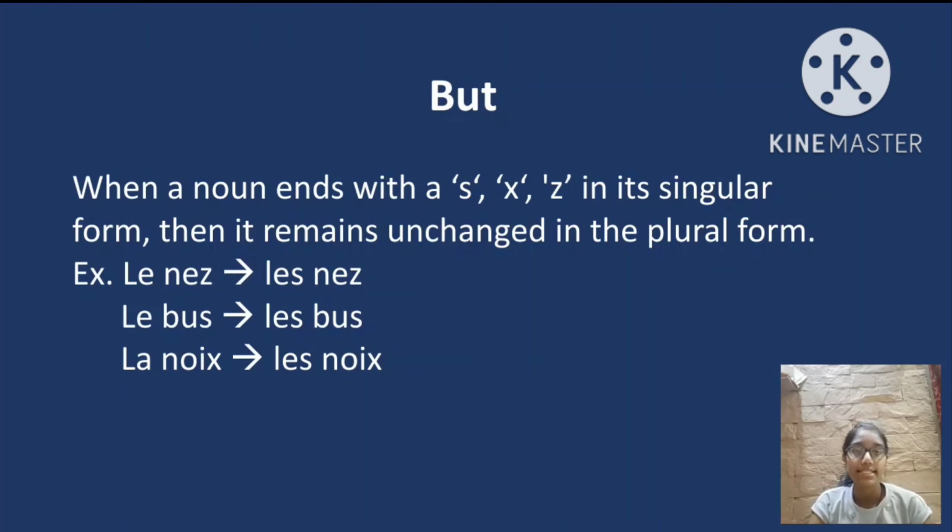There are some exceptions, like when a noun ends with s, x or z in its singular form, then it remains unchanged in the plural form. Example, le nez, les nez, le bus, les bus, la noix, les noix. The noun in the plural form will be the same as it was in the singular form.